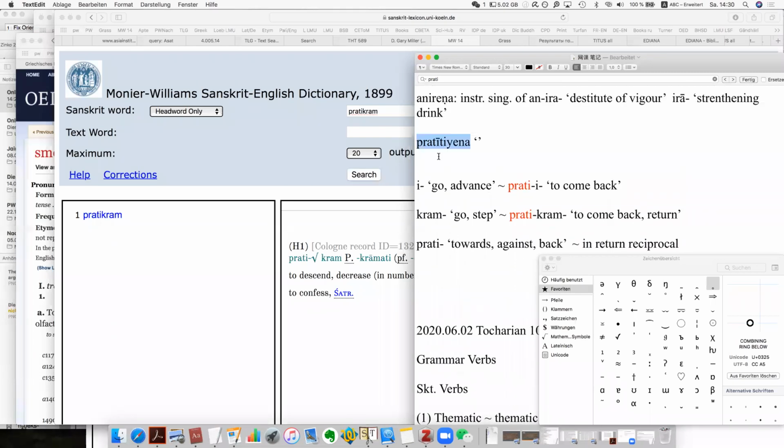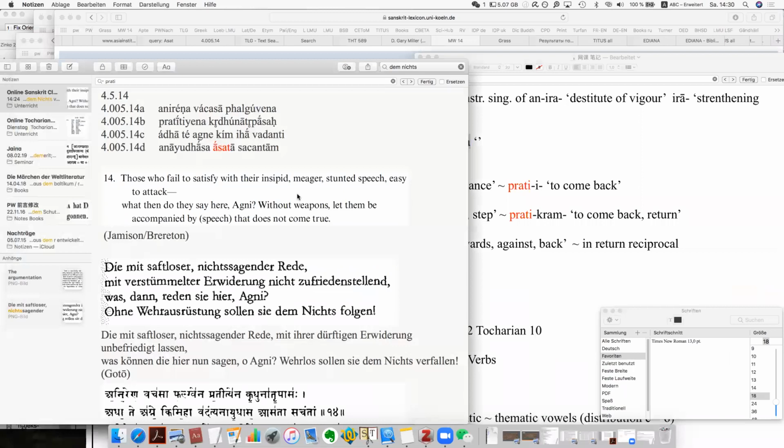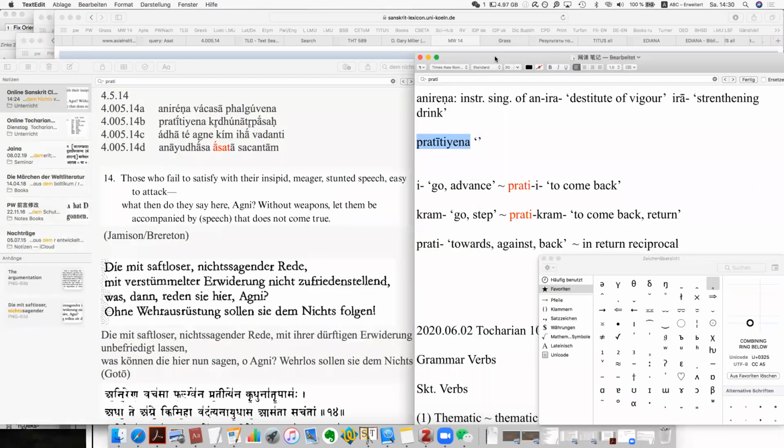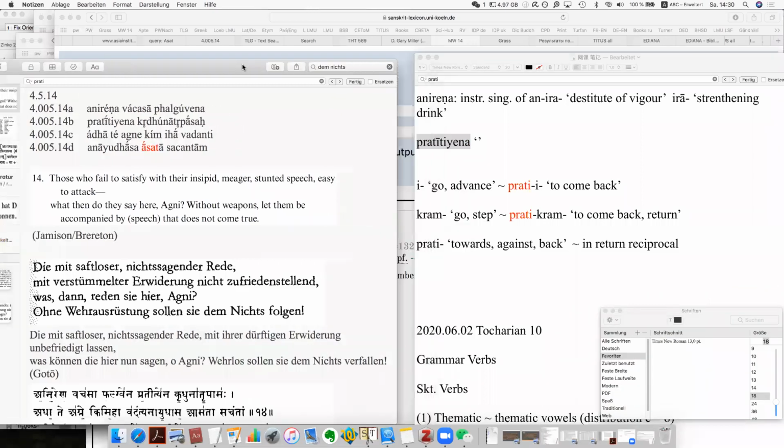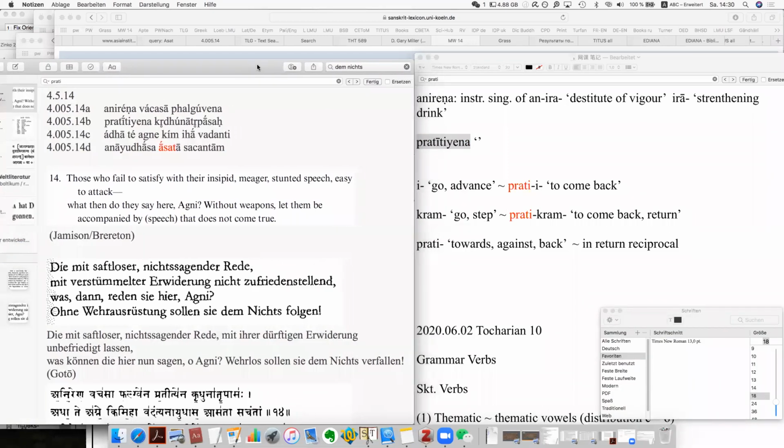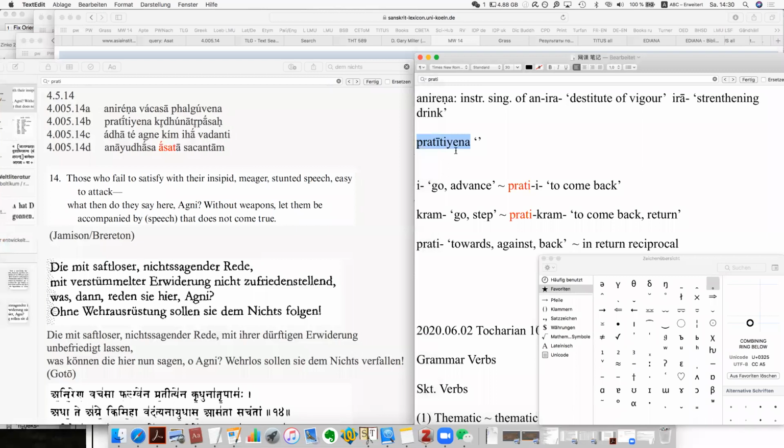Okay, and then pratitiena. Let's check it. So pratitiena, this is instrumental singular. It actually means Erwiderung.